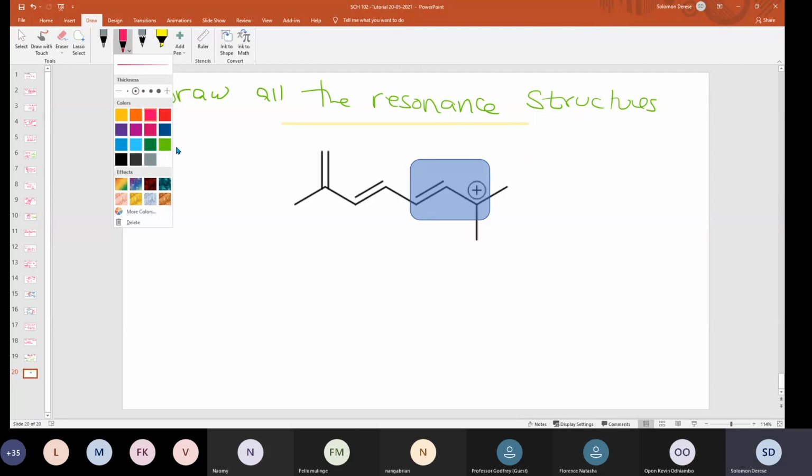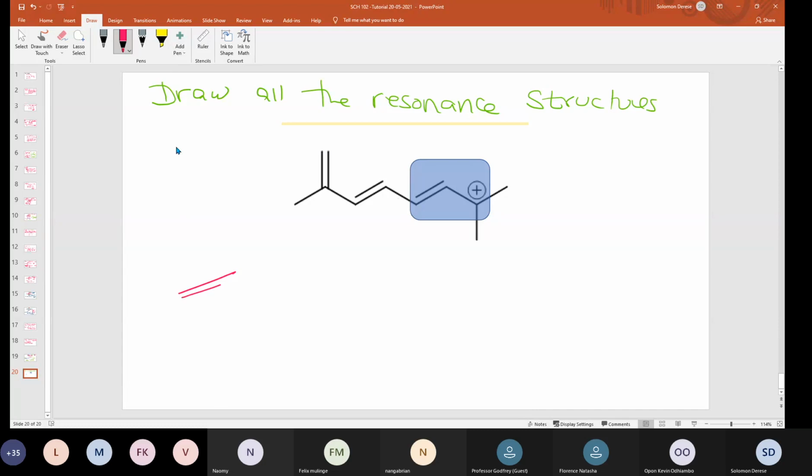So if I have something like this, which is what I have highlighted, I've forgotten about all the other things. Just that. What is the resonance form of this? When you have something positively charged, what I want you to know: this, you have a positive charge.